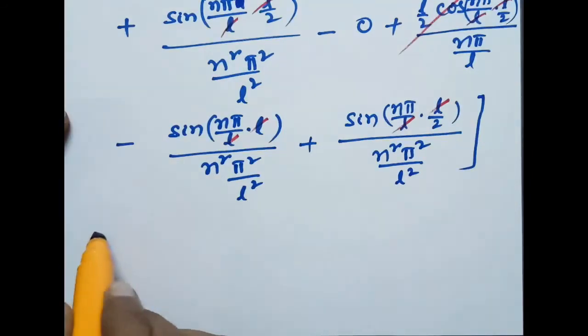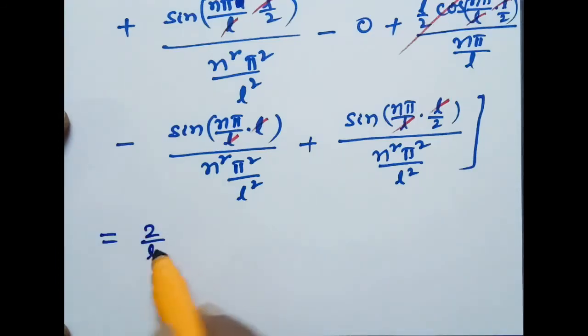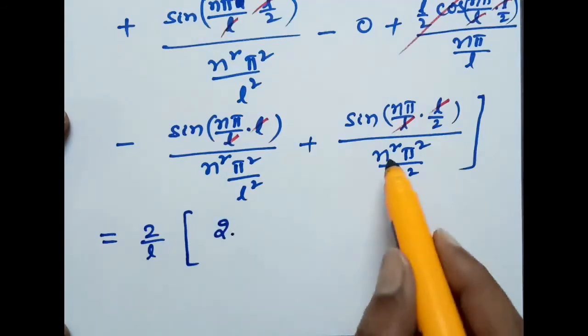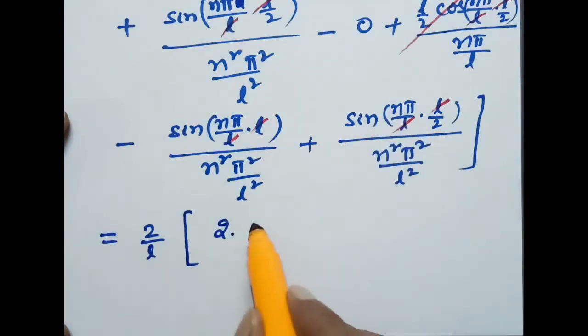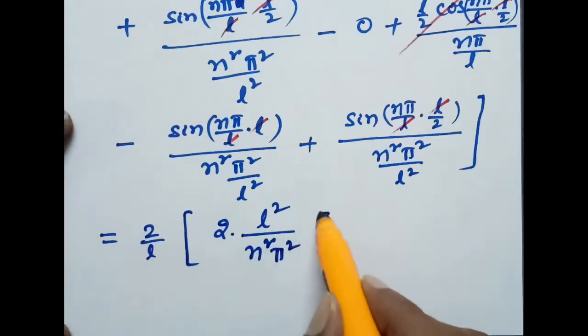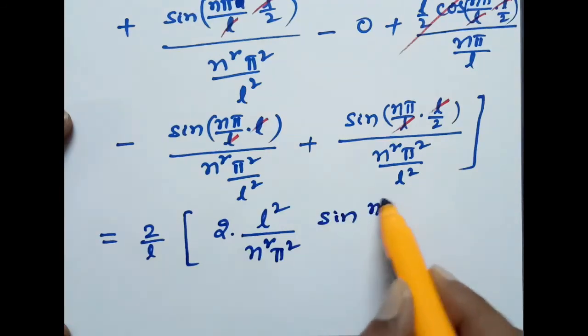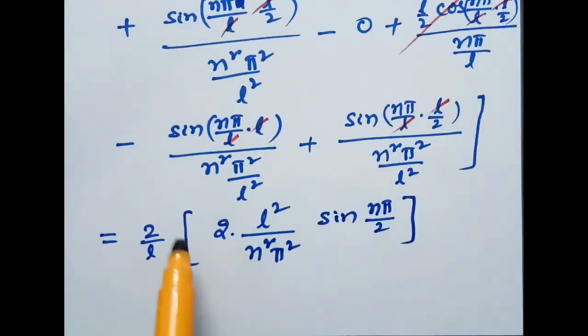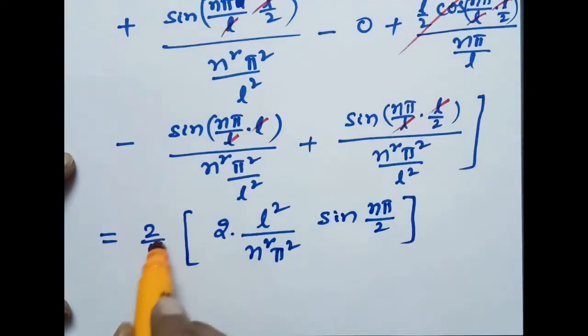This is equal to 2 by L into 2 times the reciprocal of this one, L square by n square pi square into sin of n pi by 2. So therefore this is equal to, now here L gets cancelled, 4 times L by n square pi square sin(n pi by 2).